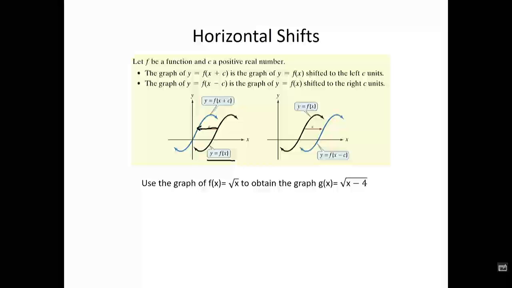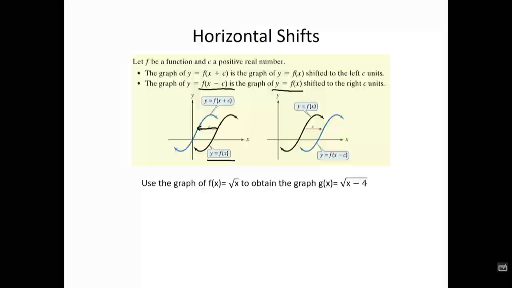On the other hand, if we have the graph of y is equal to f of x, and now I want to consider how do I obtain the graph of f of x minus c using the graph of f of x. So here's the graph of f of x.